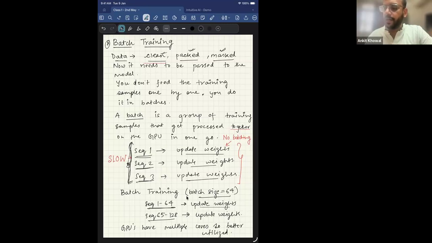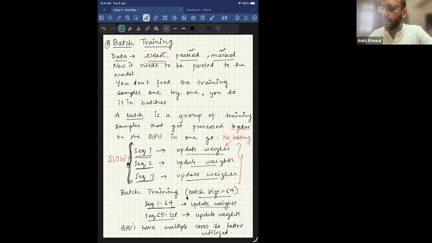So what we are saying over here in batch training is, instead of doing that in smaller sequences, let's send the data in batches, so that, let's say, for 50 articles, I send them all together, the model will give me some right or wrong answers.